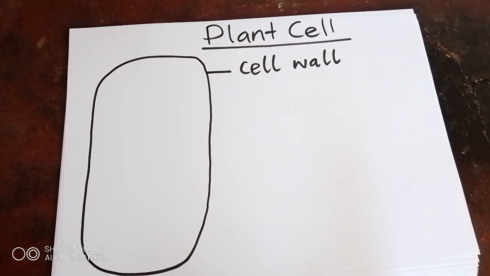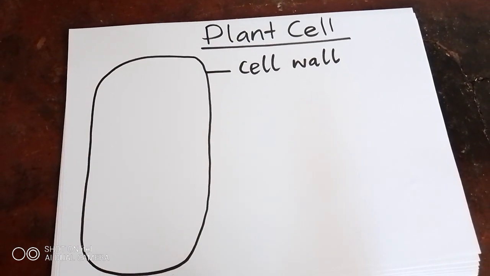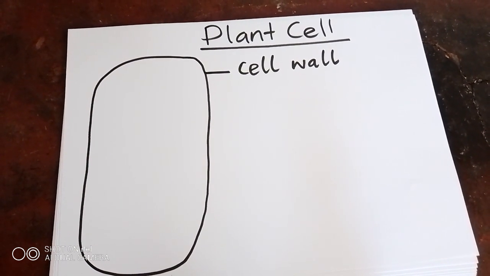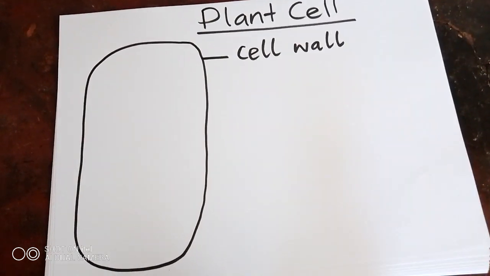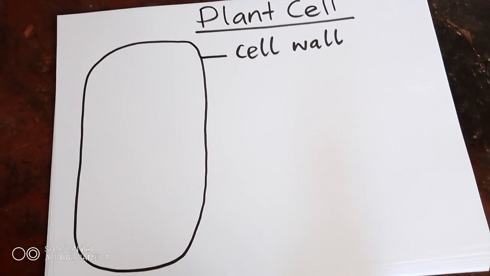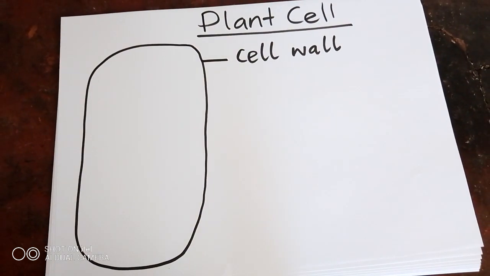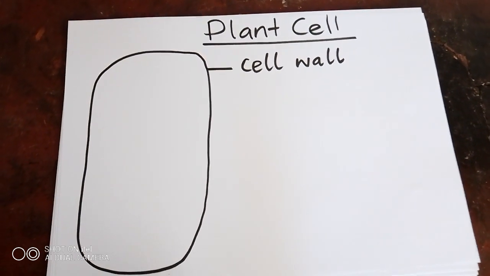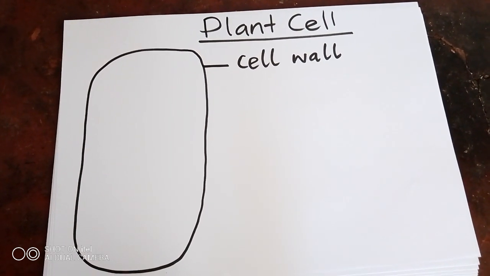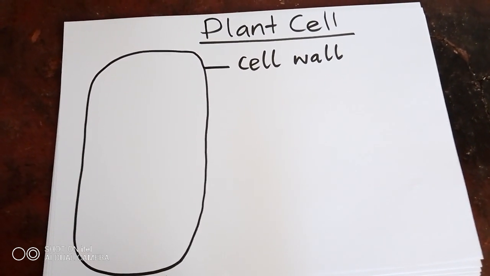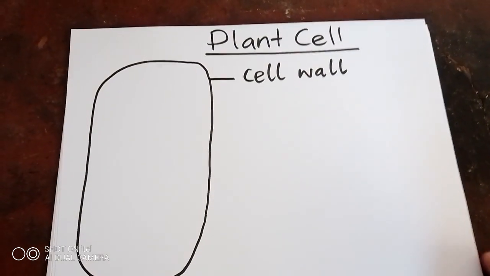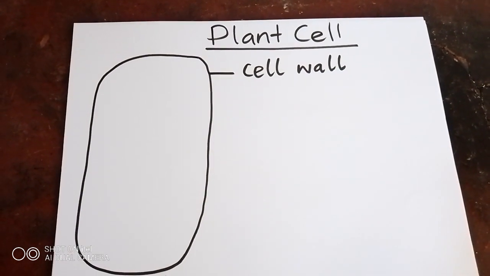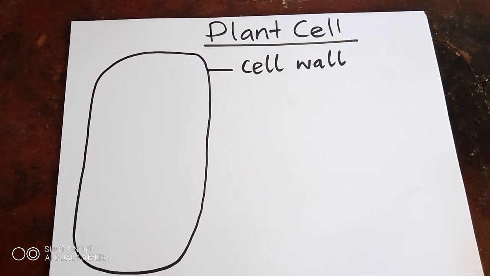This cell wall is made up of a substance that we call cellulose, and this cellulose is a carbohydrate. It is rigid. That's why it gives a distinct shape to the plant cell. The other function of the cell wall is that it protects the inner contents of the cell.